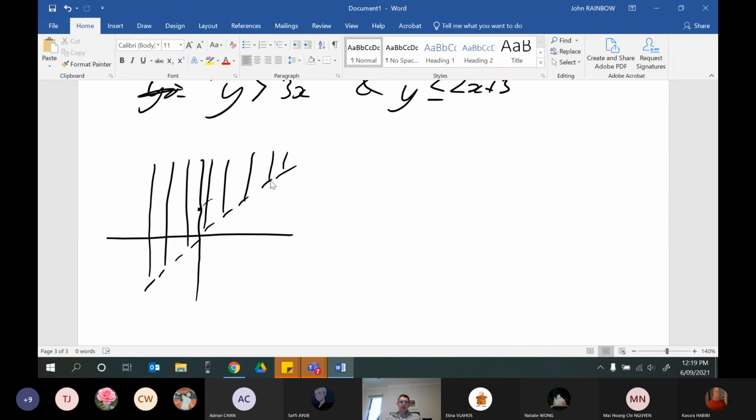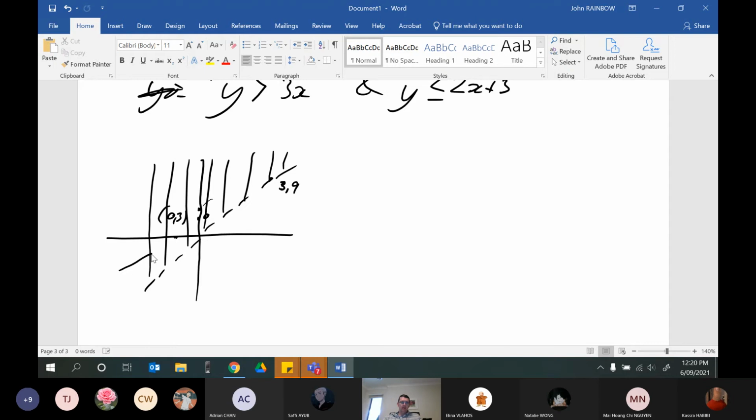Yeah, they're going to intersect over here at 3, 9. Okay. Let's call that 0, 3. That's 0, 3 here. So that is 0, 3. Okay. So this graph, and that's negative 1.5 over here.